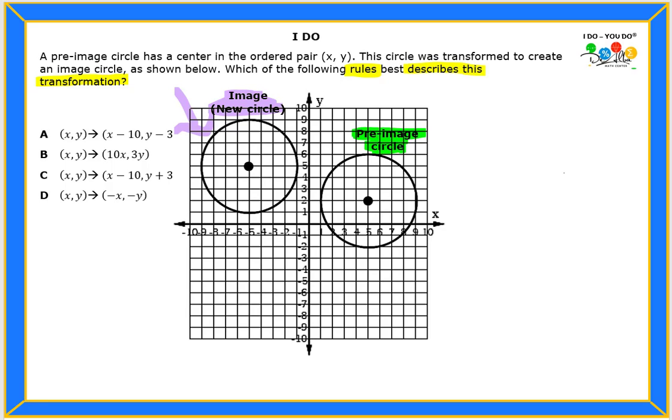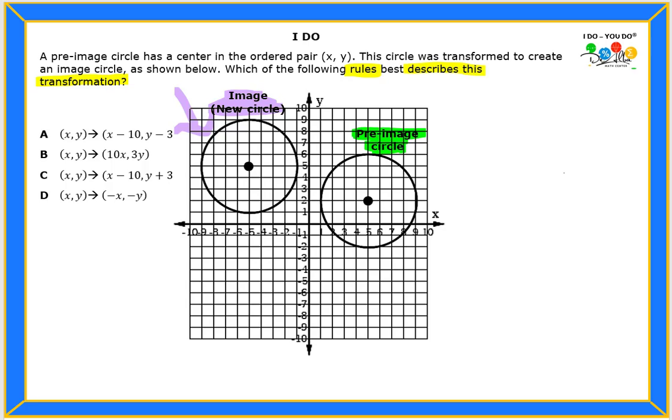Why is it so important? Because you need to know what kind of movement is happening, and you need to start from the pre-image to the image. If you do not recognize your first circle, you're not going to be able to give me the correct rule.